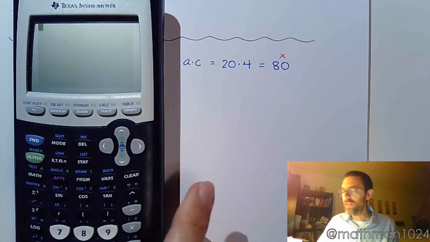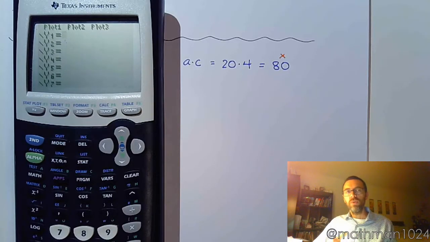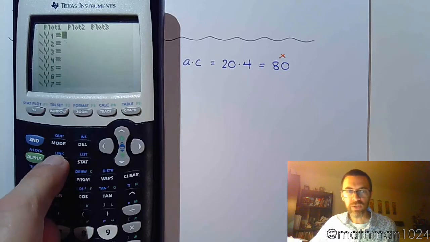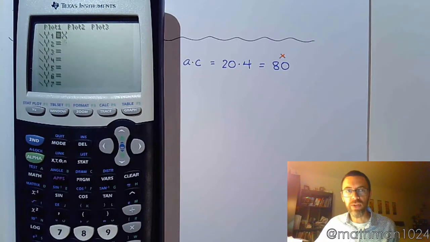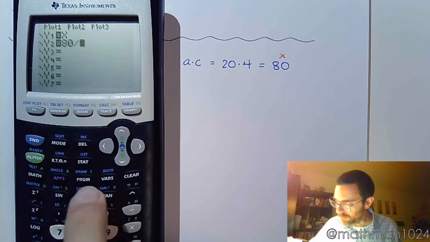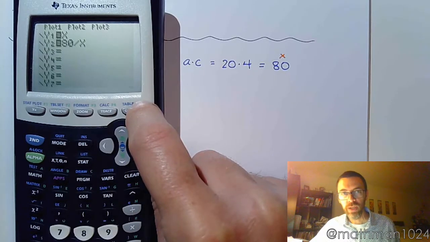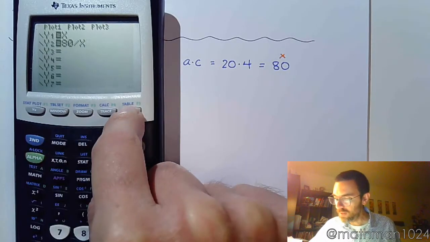So we know the product is 80. If you go to y equals, for the first one here, you just want to type in x. And for the next one, when you're trying to find all these factor pairs, take this product 80 and do 80 divided by x. And then you can go to your table by pressing second graph.